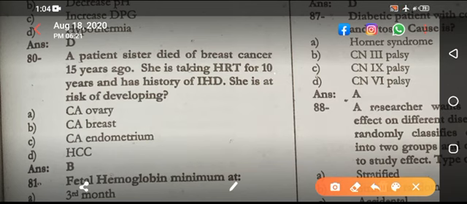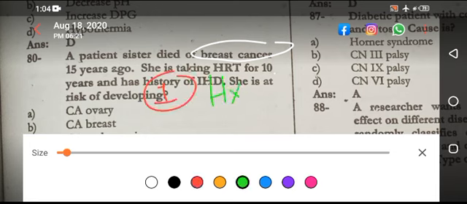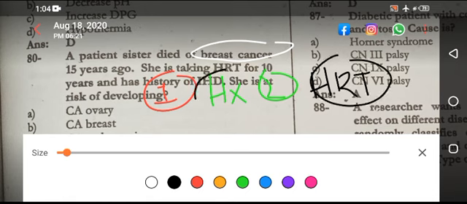Now over here, for breast cancer in this scenario, you have point number 1, family history. Point number 2, she's using HRT. So two culprits. The answer is C, breast.